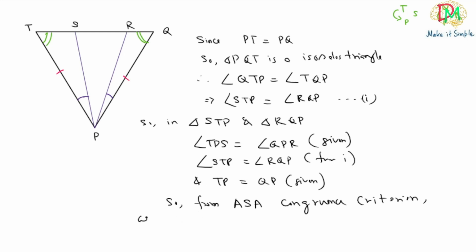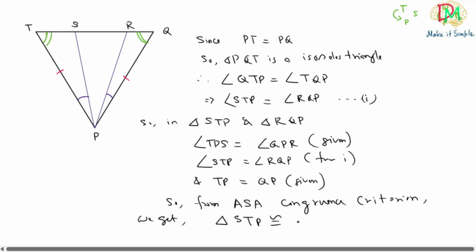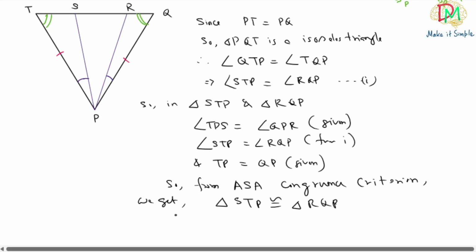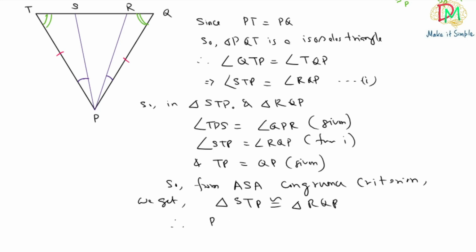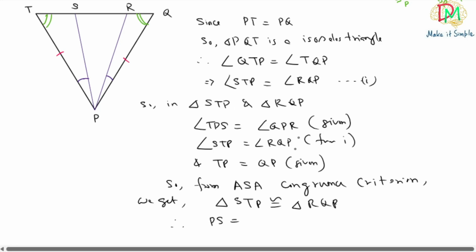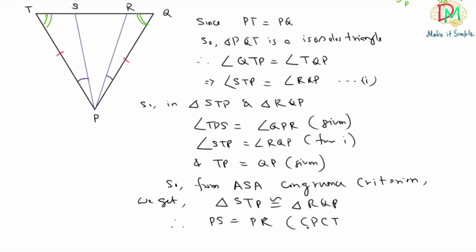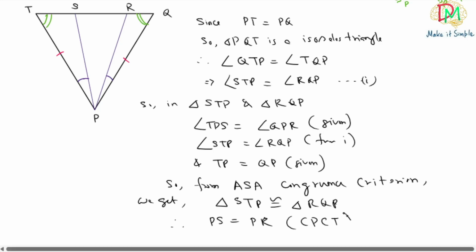So we get triangle STP congruent to RQP. So you can say PS equal to PR from CPCT, corresponding parts of congruent triangles.